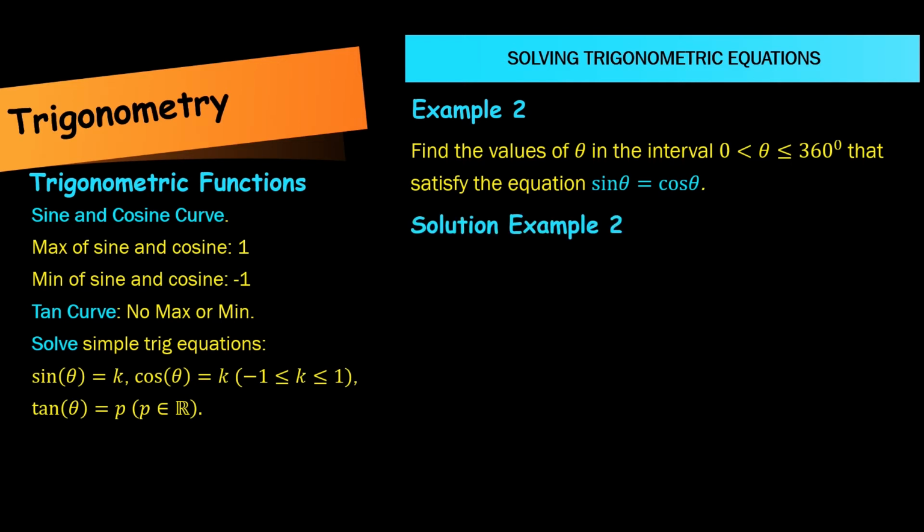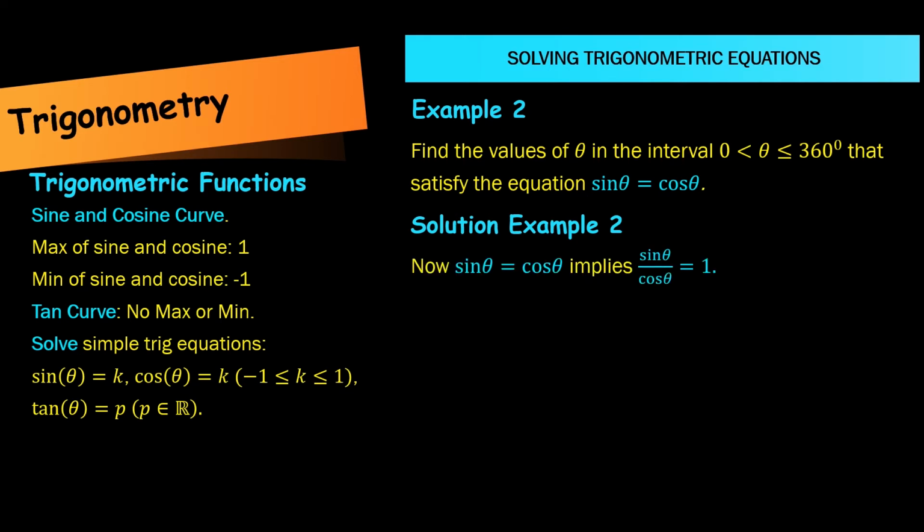So let's solve this. In this example, you're required to find the values of theta in the interval 0 less than theta less than or equal to 360 degrees that satisfy the equation sine theta equals cos theta. So let's solve this.